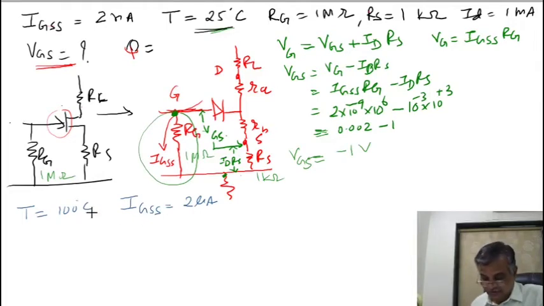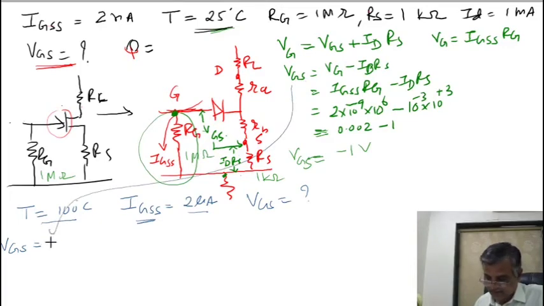Suppose at 100 degrees centigrade your IGS is 2 microampere. So what is the value of VGS? Let us check again. VGS is equal to VG minus IDRS, that is, IGSS into RG minus IDRS.